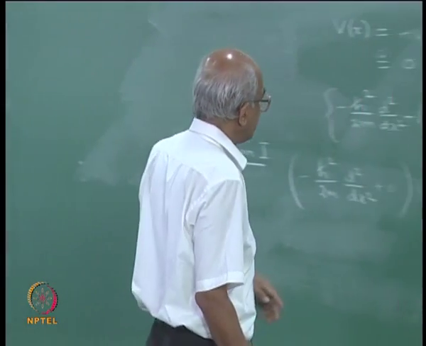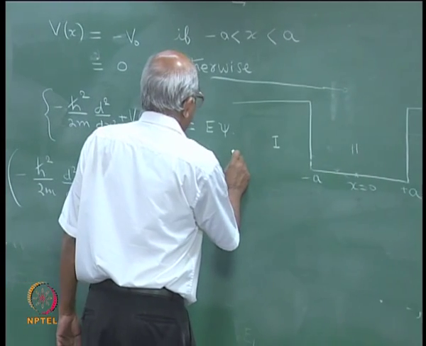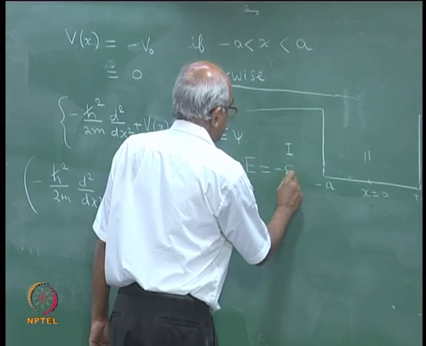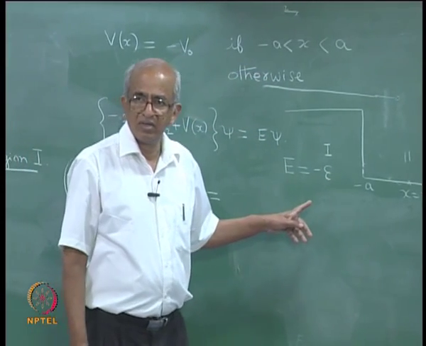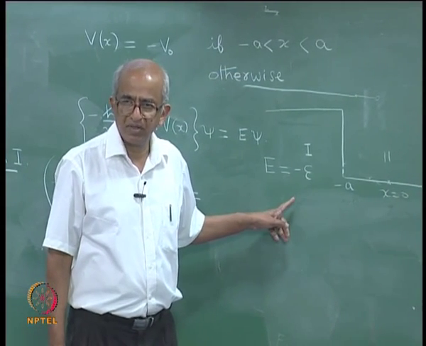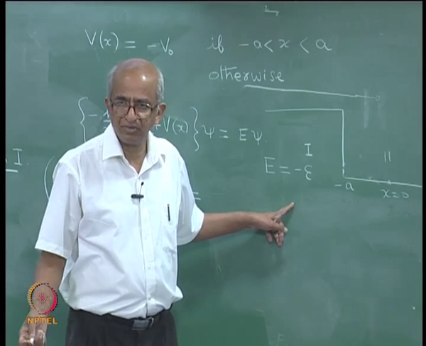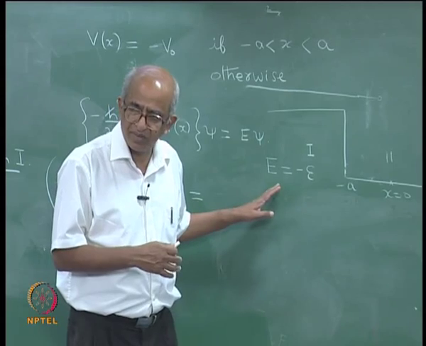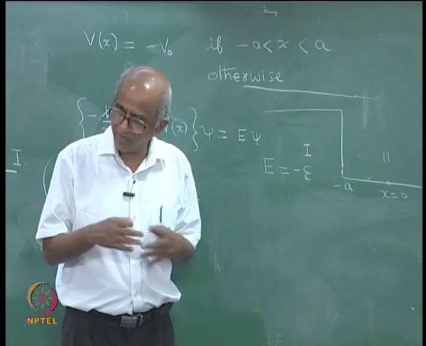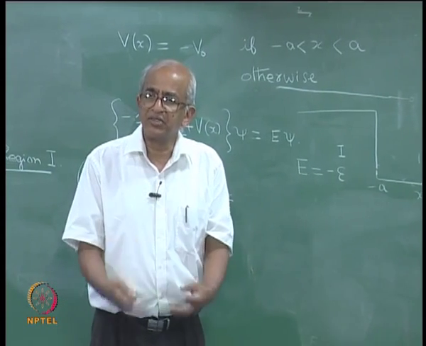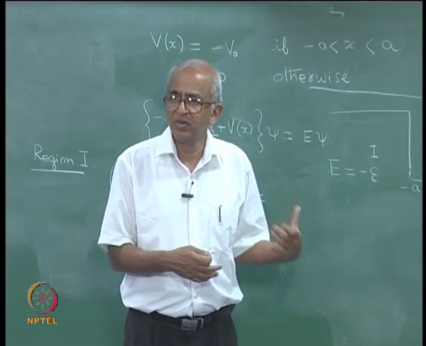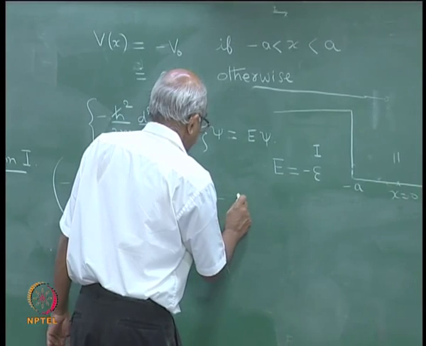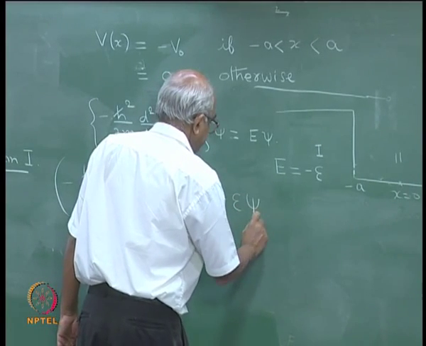Therefore, I will adopt this notation. I will say that E is equal to minus epsilon. Why do I adopt this notation? Simply because I want epsilon to be positive, correct. So, I will write the energy of the particle as E is equal to minus epsilon, where I know that I am interested in situations where epsilon is a positive number. So, then what will happen? This is actually minus epsilon times psi.